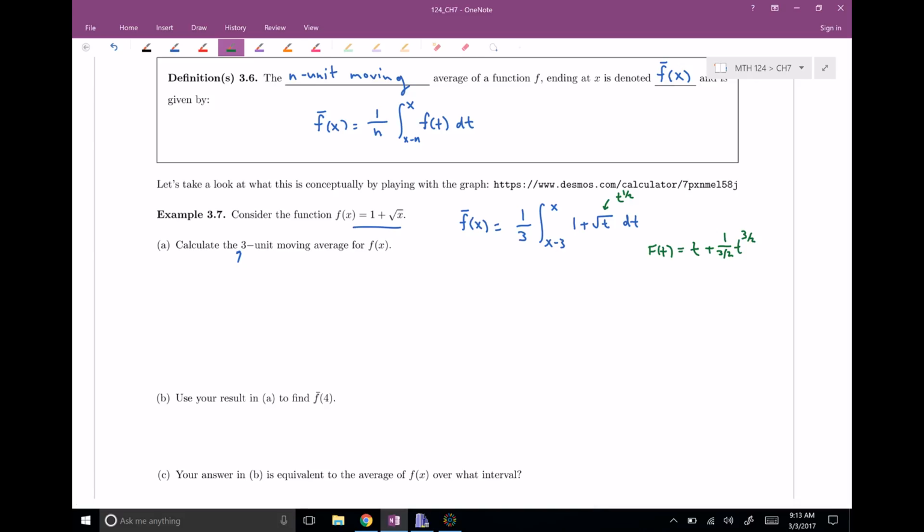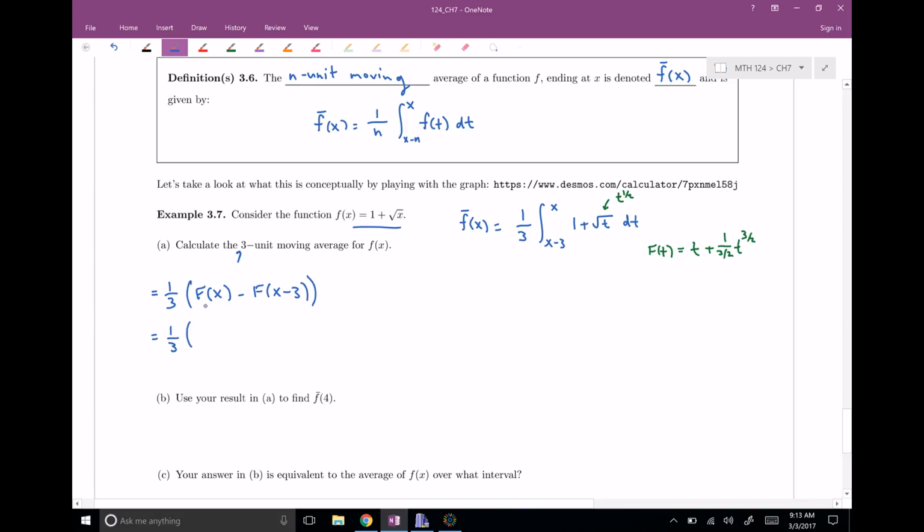Now let's go ahead and evaluate this thing. So I'll move over here. So we have 1/3, and this is going to be f of x minus f of x minus 3. Okay, plug that in. 1/3.